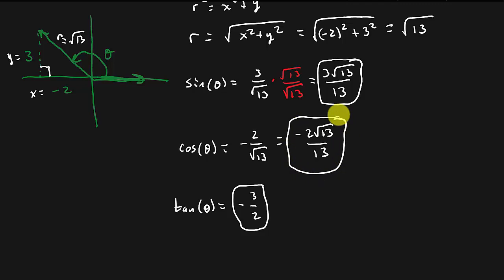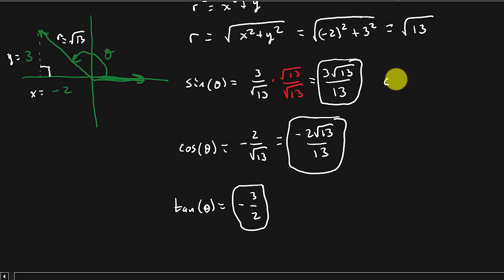Now to get cosecant, secant, and cotangent, cosecant is the reciprocal of sine. Now, watch this. So I've got cosecant theta. Now, look, don't do the reciprocal of this one. Don't do this. Yeah, you flip the sign, you flip sine.